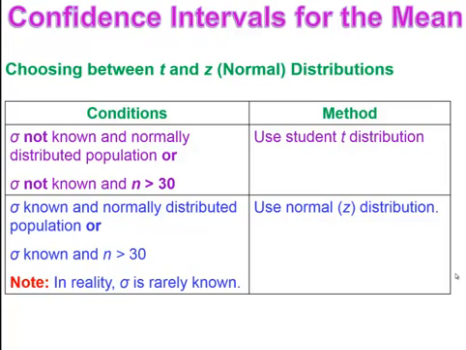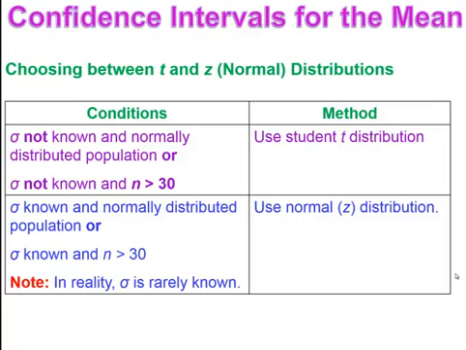So the conditions: if our sigma, the population standard deviation, is not known, and we have a normally distributed population, or our population standard deviation is not known and we have a sample size greater than 30.